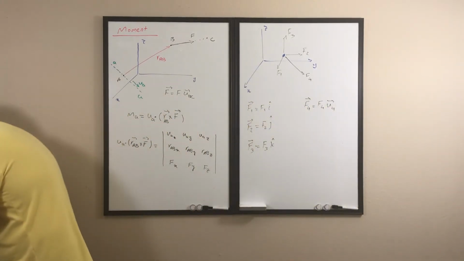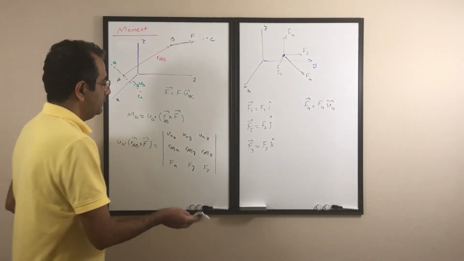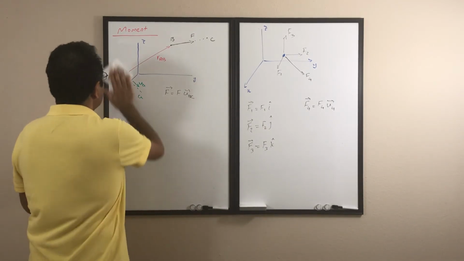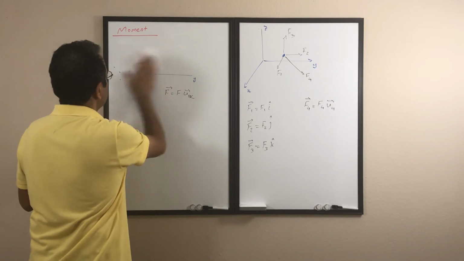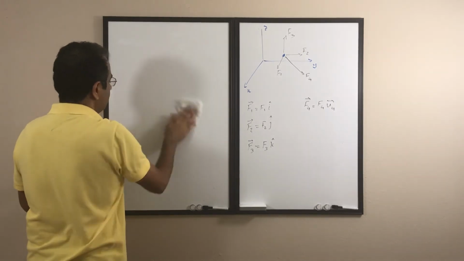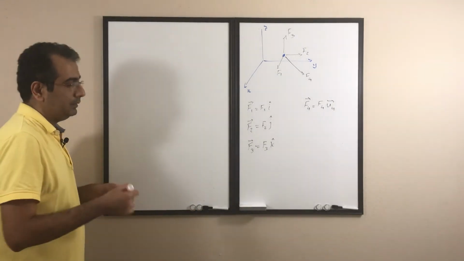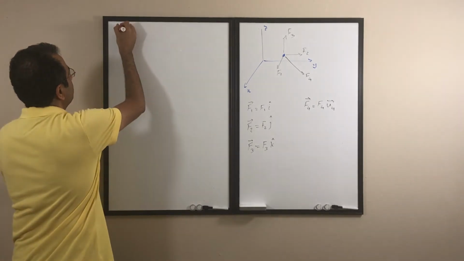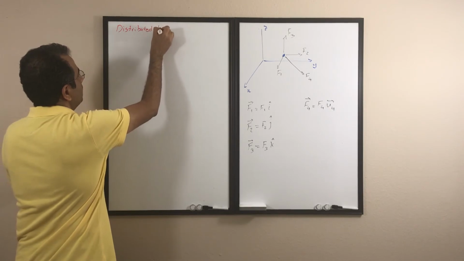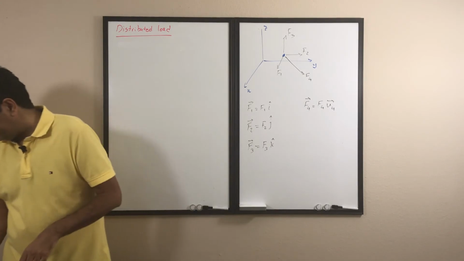The next topic I will very quickly go through is the distributed load. What if we have a distributed load, and how do we handle it? In most cases that we're dealing with a distributed load, the shape of the load is either a trapezoid, a rectangle, or a triangle.